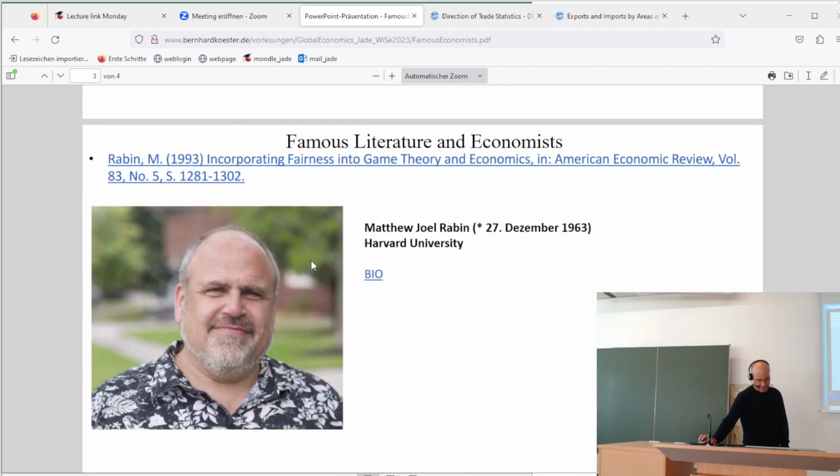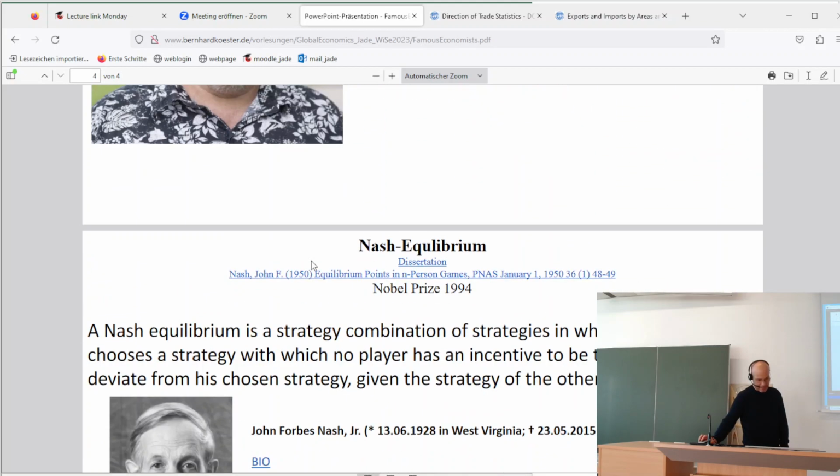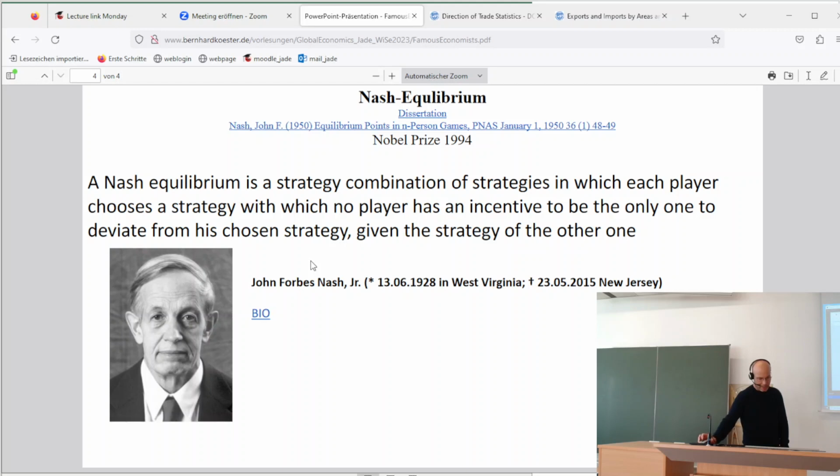And then here is also the Nash concept, and maybe for Thursday you can remember what you have already done in game theory.